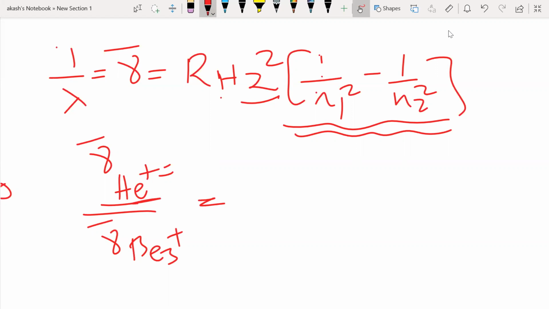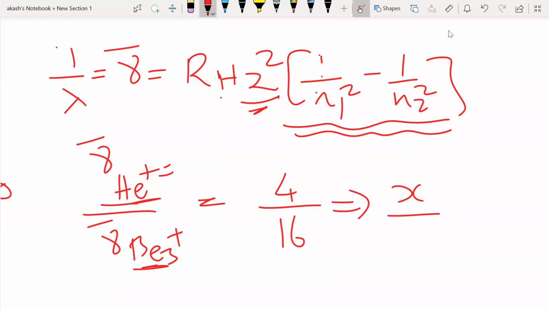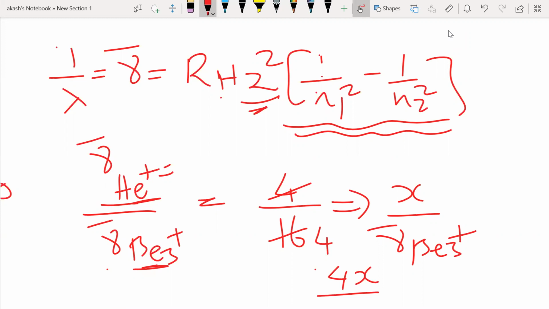Z for helium is 2, so Z squared will be 4. For beryllium it is 4, so Z squared is 16. So 4 is equal to x divided by nu bar of Be3 plus, so 4x is the answer. Pretty easy, straightforward question.